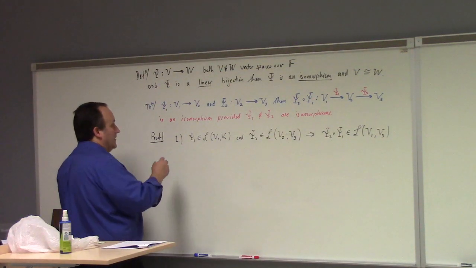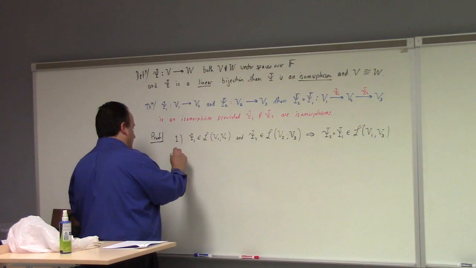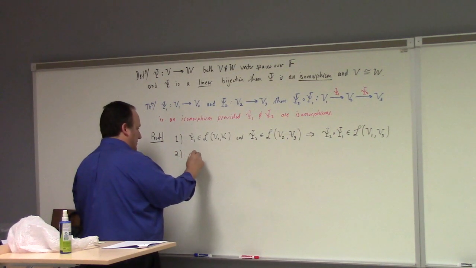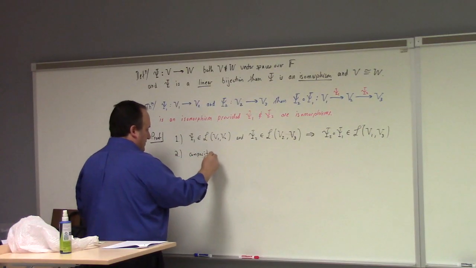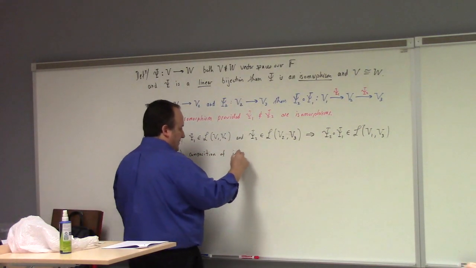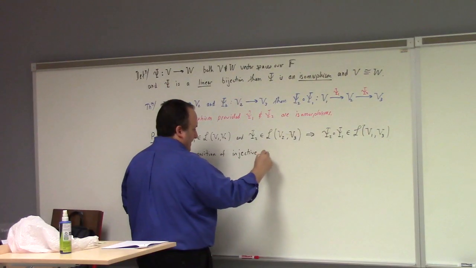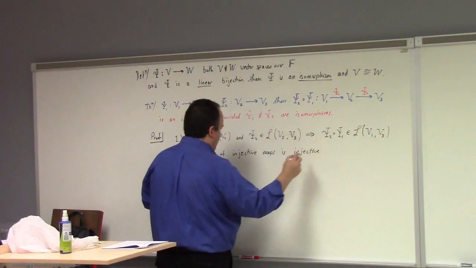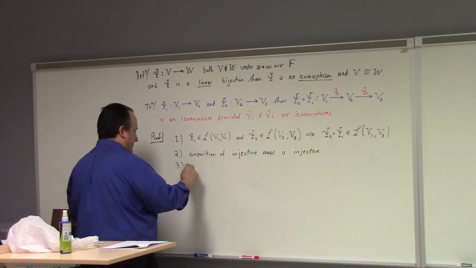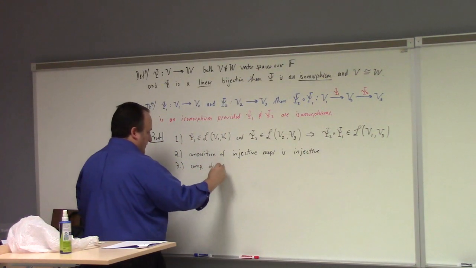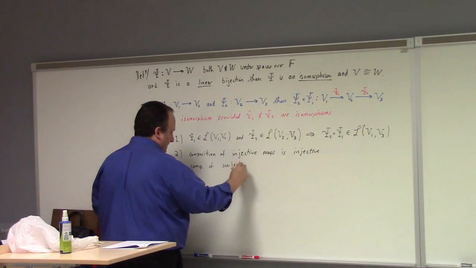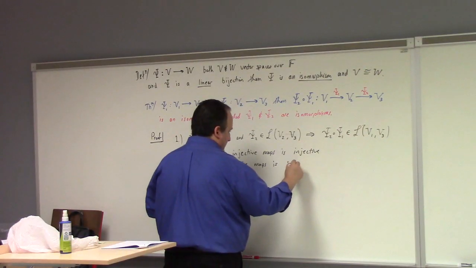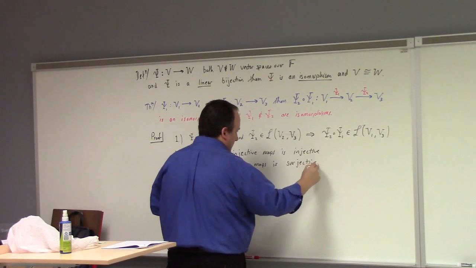And then number 2, the composition of injective maps is injective, and the composition of surjective maps is surjective in this context at least.